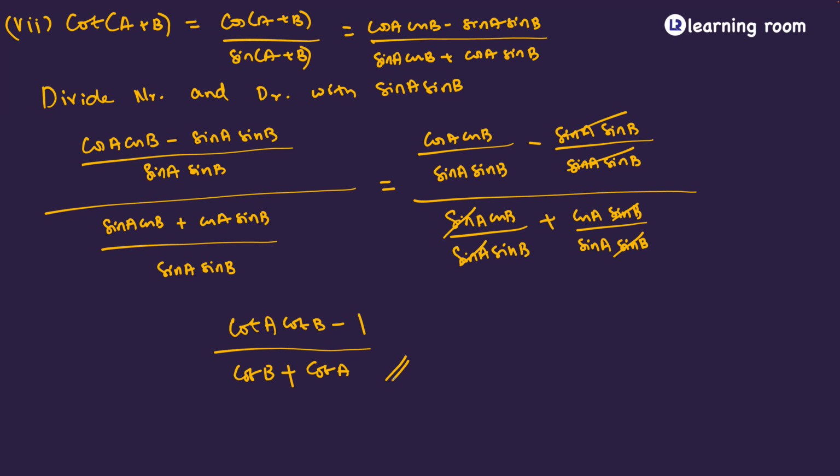Right. Now, one point I always keep telling is never solve a trigonometry problem using only one method. Don't restrict yourself only to one logic. Okay. When that is the case, for the same cot of A plus B, if I think of an alternate method, I wrote it as cos by sin.